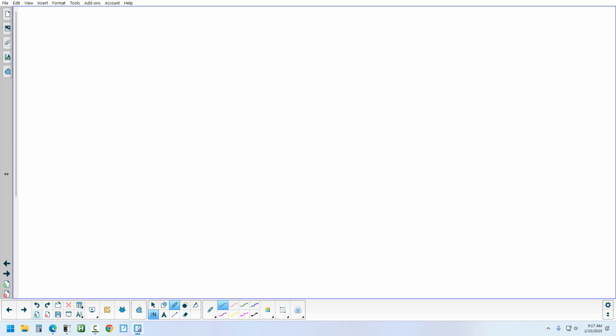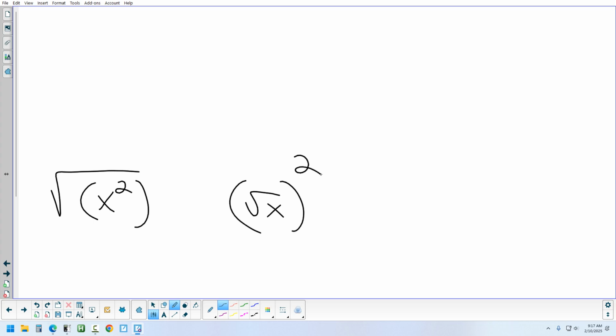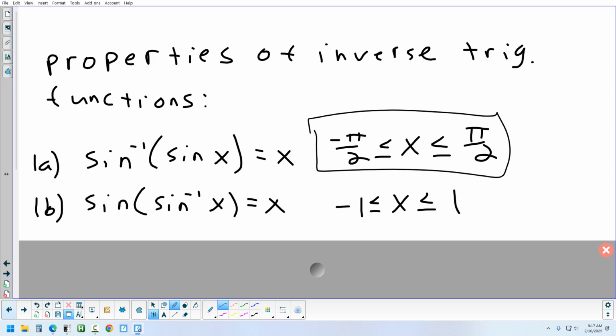Now, when you're dealing with taking something and squaring it, and then square rooting it, that will always come out the same as the other way around. The order doesn't matter which one you do first. In trig it does. Okay, the order is important.